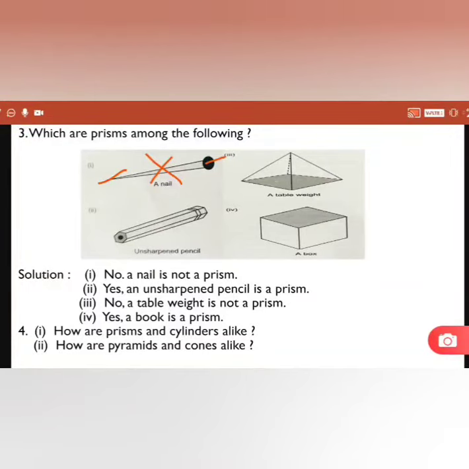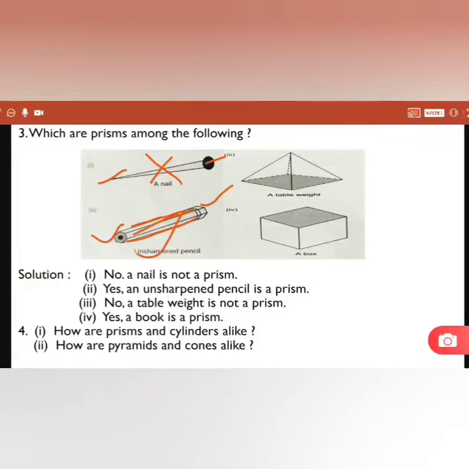Again, the unsharpened pencil. You all know how a new pencil looks. You can see that the top and bottom parts are congruent to each other. They have a hexagonal shape, and the lateral edges are parallel to each other. Like this you can get 6 lines which are parallel to each other. So the unsharpened pencil is a prism.